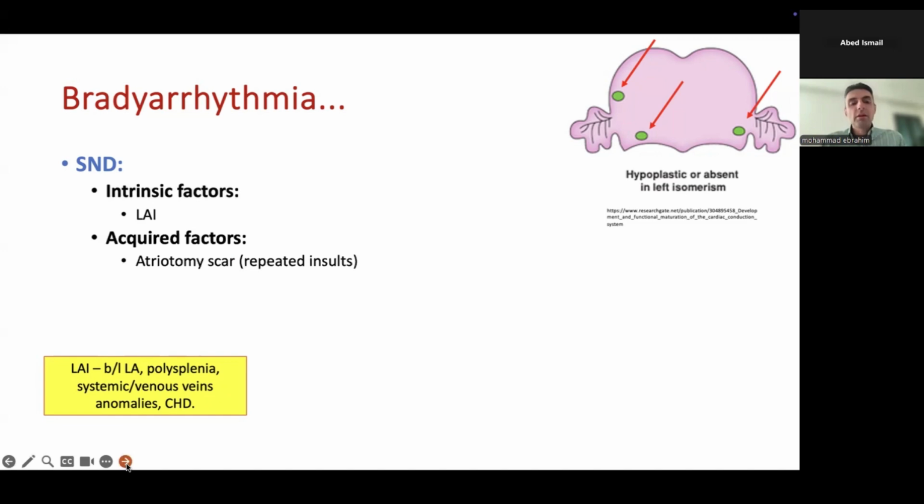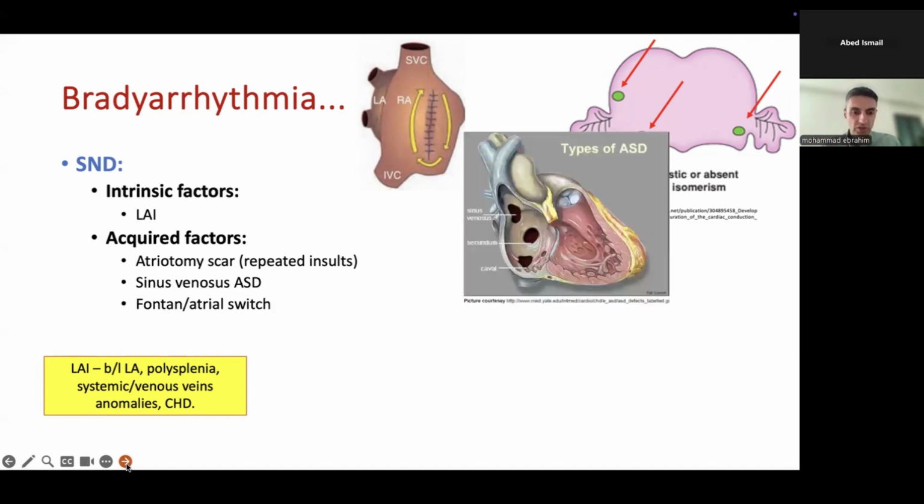And then post-operatively, patients that undergo congenital heart disease repairs often require atriotomy, and with repeated atriotomy scars you risk sinus node injury because of the proximity of the atriotomy scar to the sinus node region.